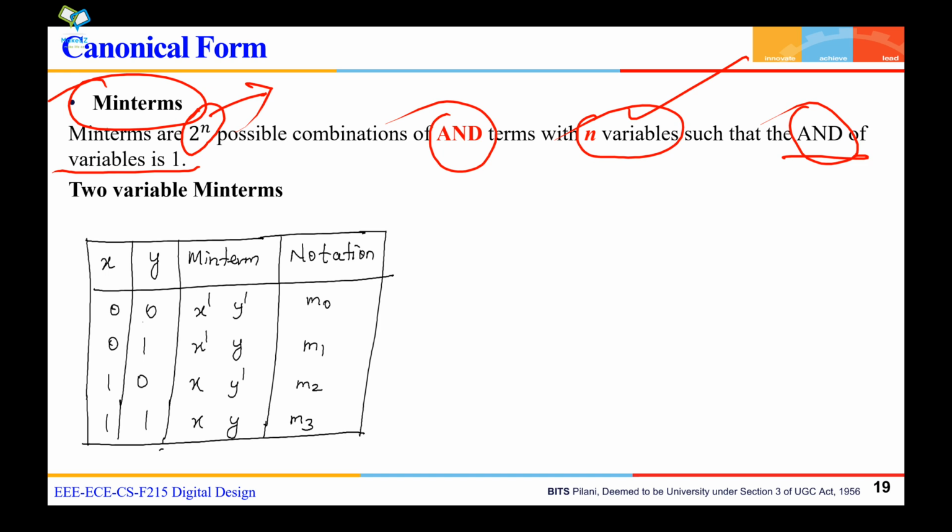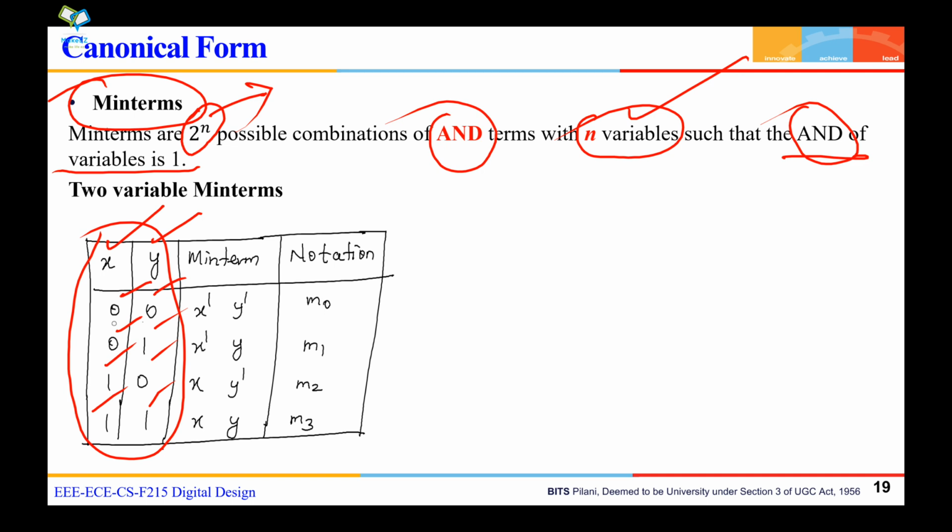First write the four binary combinations of two variables. You have two variables x and y, and the four combinations possible are 0 0, 0 1, 1 0, 1 1.